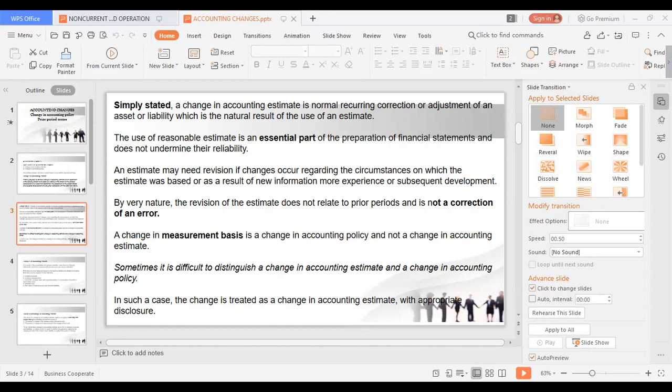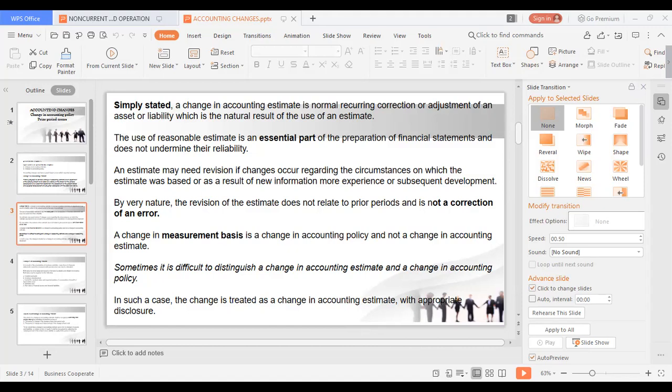That's 10 years initial estimated life minus the expired life of 2 years, so the remaining life of 8 years. 1,536,000 divided by 8 years, so that gives 192,000. In 8.6, the answer is letter D. Then we go to 8.7.